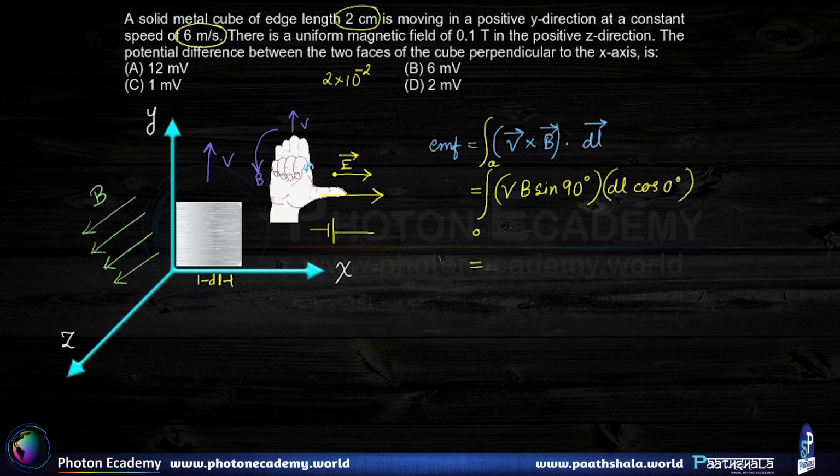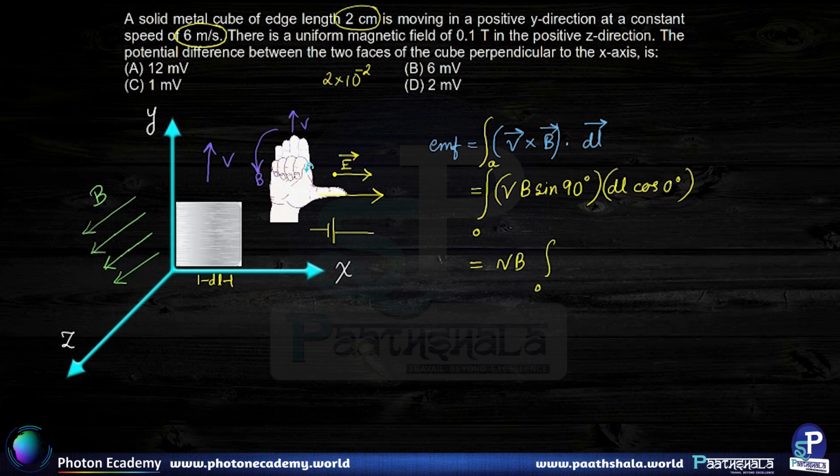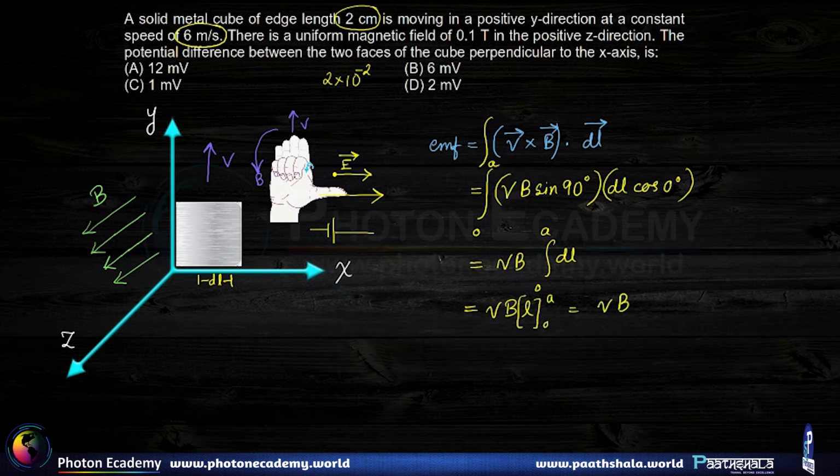So the EMF is going to be VB sin 90 cos 0, both are 1, V and B are constants, so we take them outside the integral sign, and then this is 0 to a integration of dl. So we'll be left with VBL, where L is the edge length of the cube. So basically this is 0 to a, that means this is going to be VBA.